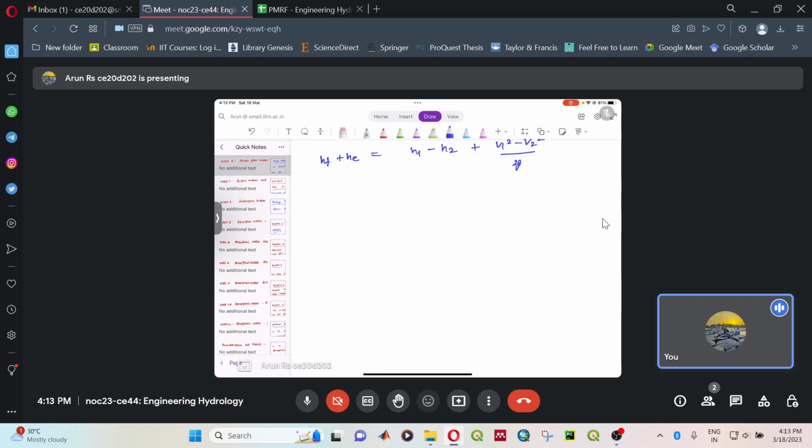For the eddy head loss, we have a standard expression, which has been derived. The head loss is given as Ke into v1 square minus v2 square divided by 2g, and we need to consider the modulus of this value. Here Ke is the eddy head loss coefficient.